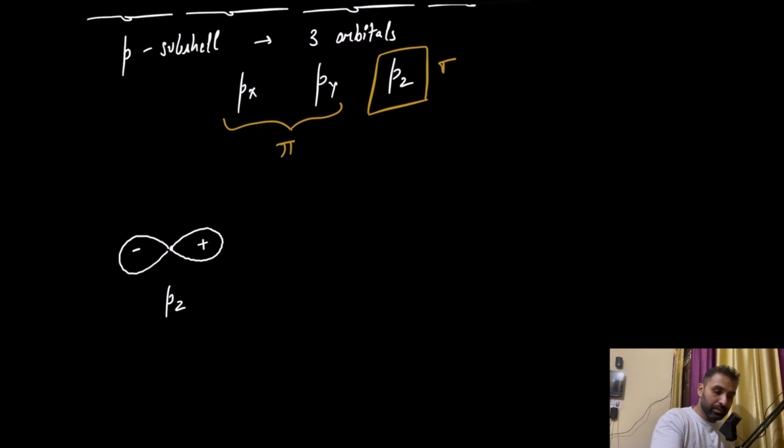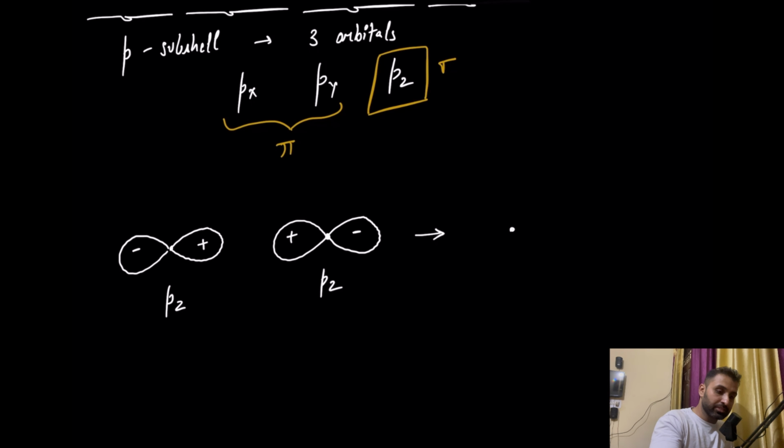Now, again pz of the other atom, and I'm again mentioning the sign on the lobes. That's the plus and the minus. Now, when the two lobes of same sign overlap, then bonding molecular orbital will form.